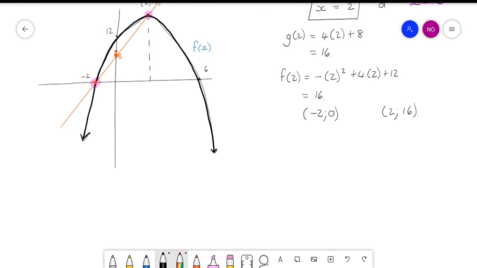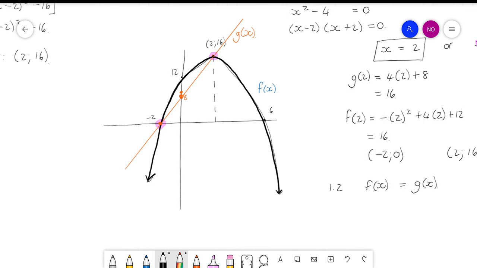Okay, you've done this before, but now at 1.2 they ask us for which values of x is f of x equal to g of x. So I have to go and look where in this graph those two graphs will be equal to one another. So basically what they're asking here is at which x values are the intersects?